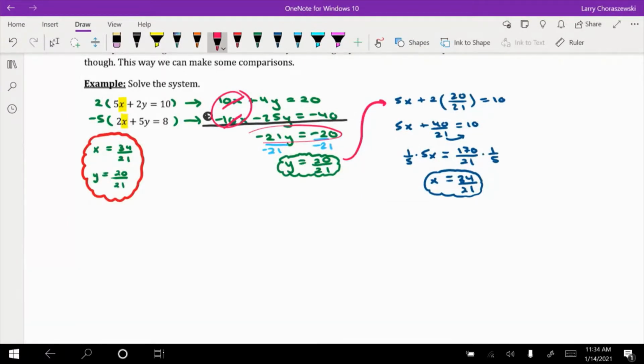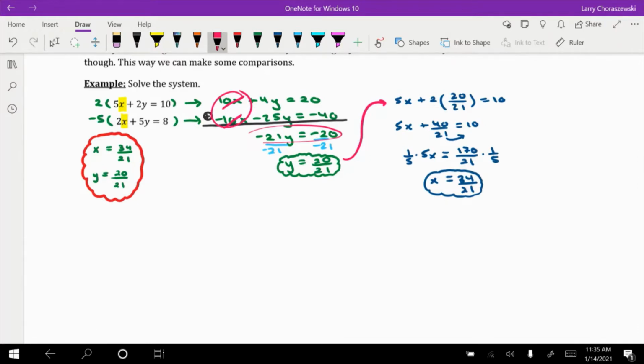Now you could go back and rescale these equations to eliminate the variable y, which will help you solve for x. Or what you could do is, knowing that the variable y is equal to 20 over 21, you can plug that value back into any one of these two equations.